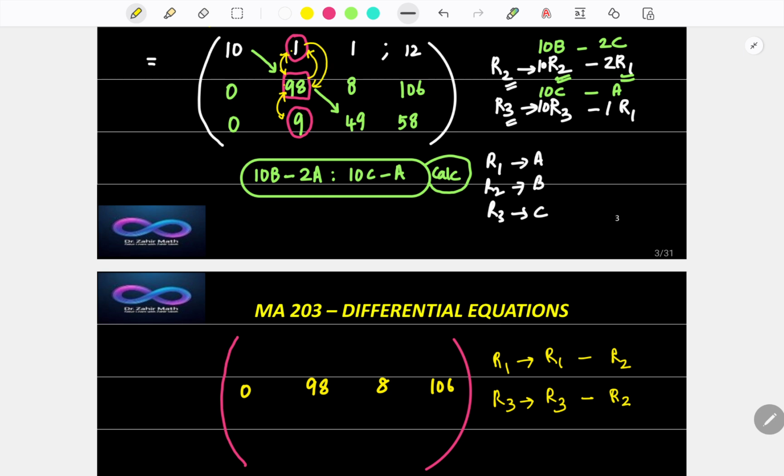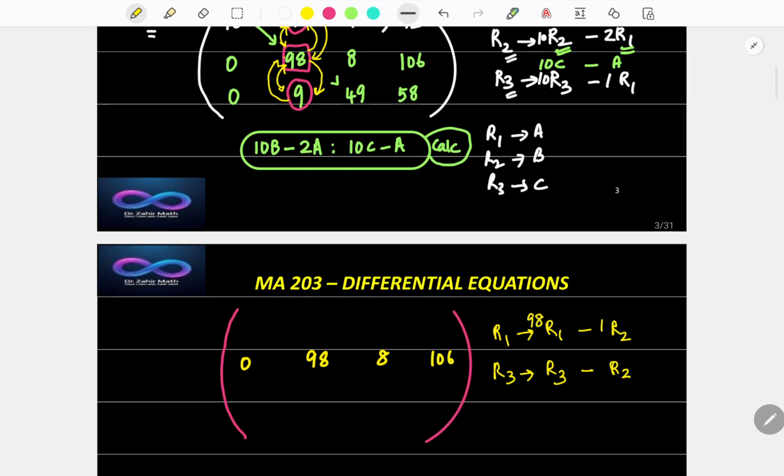Correct? So what we are going to write? R1 is multiplied by 98 and R2 is multiplied by 1. Similarly, R3 is multiplied by 9 and R2 is multiplied by 98.